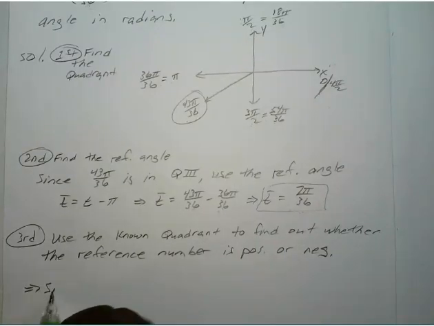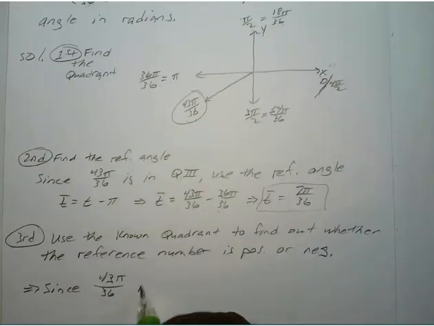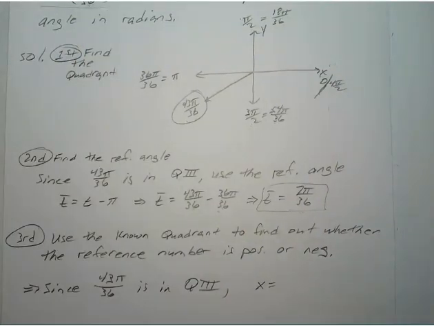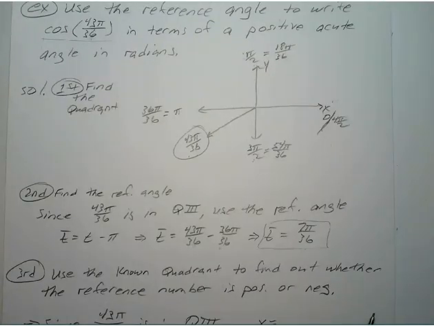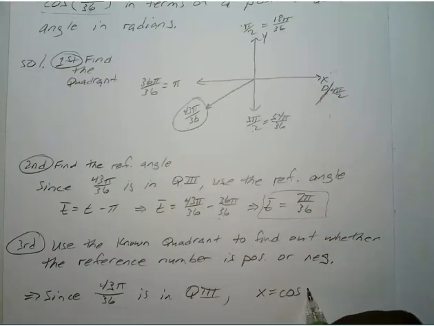Well, that says since 43 pi over 36 is in quadrant 3, we know that x equals, because remember we're looking at cosine right up there, x equals cosine of our reference number is negative.